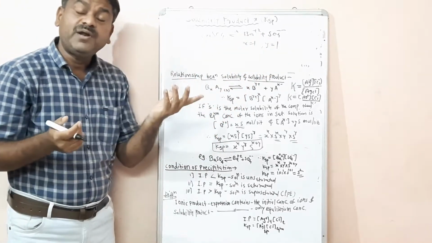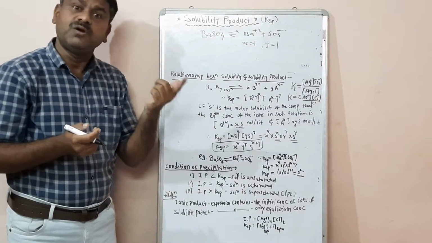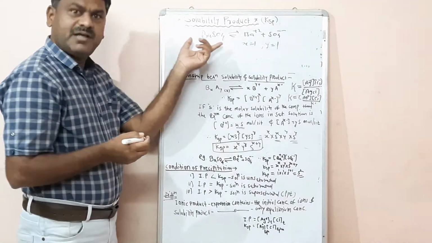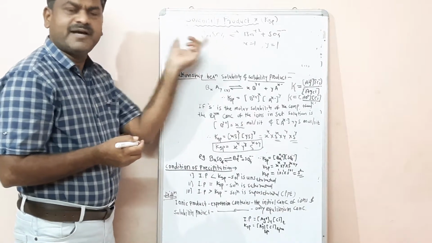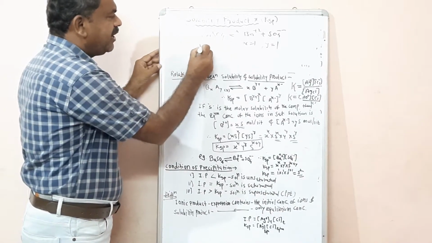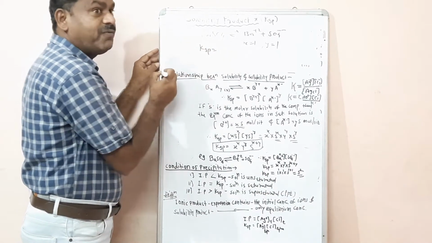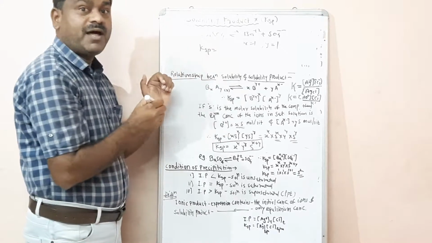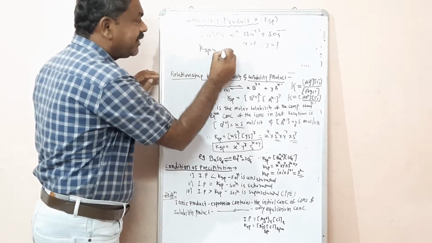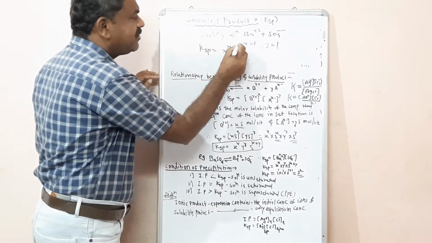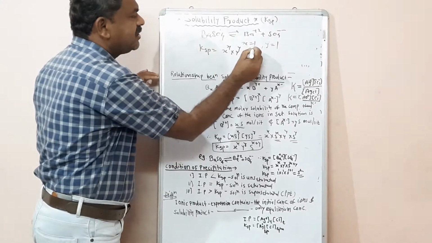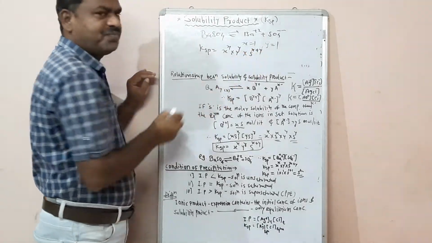Then how can we calculate the Ksp, the solubility product, of this reaction? Ksp is equal to, first write down the formula, x raised to x into y raised to y into S raised to x plus y.